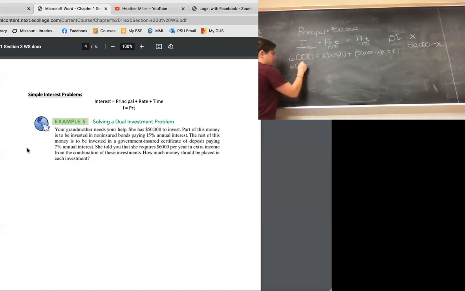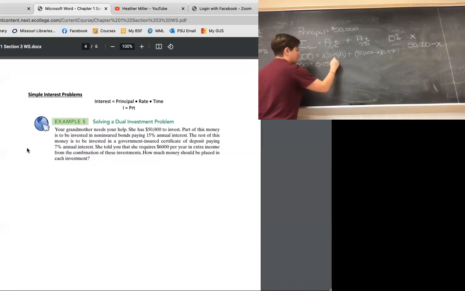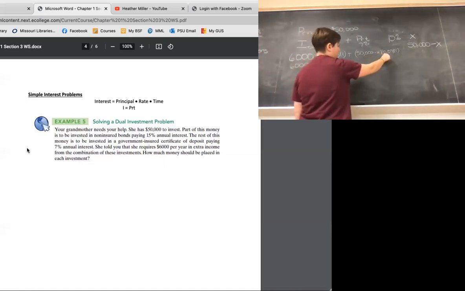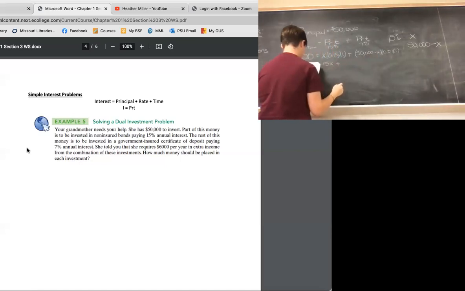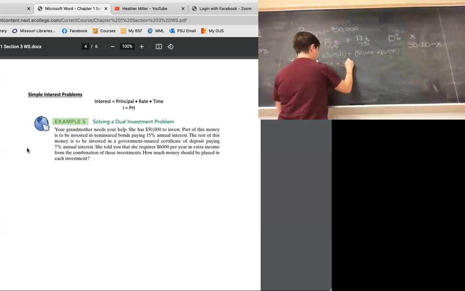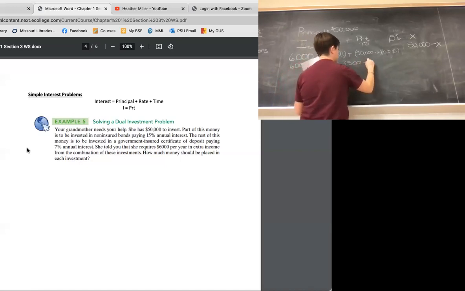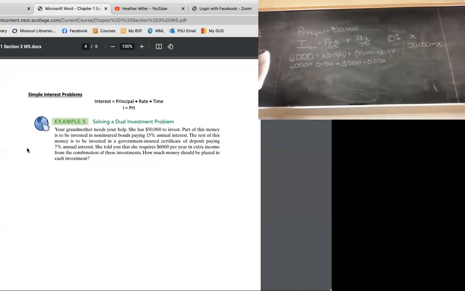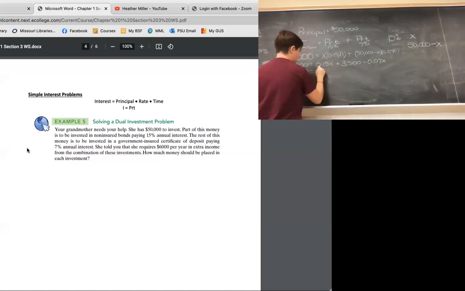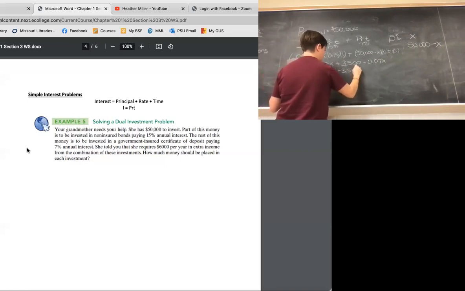So we have $6,000 equals 0.15x plus, now we take 0.07 times the 50,000 and times the X, which is 3,500 minus 0.07x. Combine my like terms. 15 take away 7, 0.08x plus 3,500.